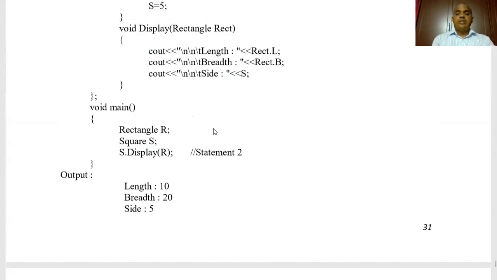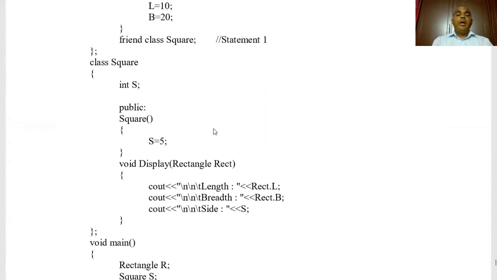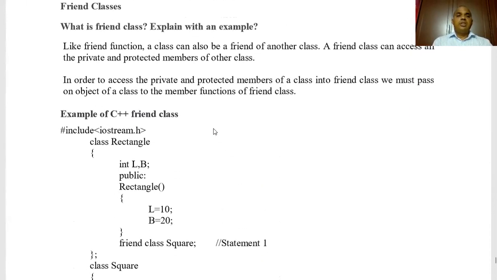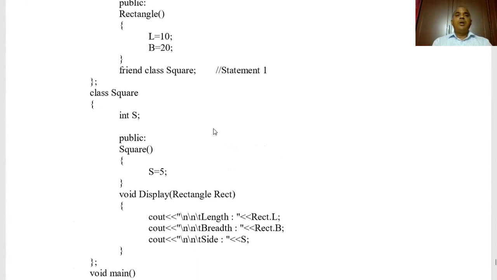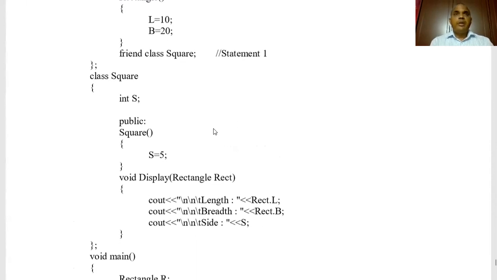Clear? Then friendship granting to another class. This is a small example. Hello, all of you. Here in friendship, we use friend functions to access the private and protected data members of a class from outside the class.